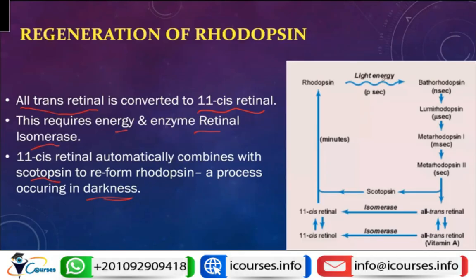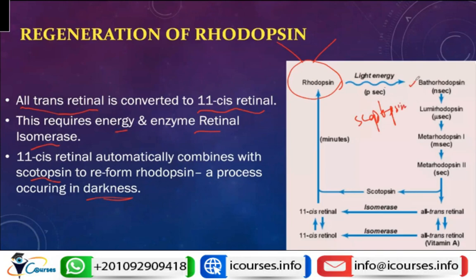So here you can see that the rhodopsin molecule, which consists of 11-cis-retinal and scotopsin, under the effect of light, will lead to its decomposition. Its decomposition will lead to scotopsin, or the opsin, being free, and the vitamin A will undergo a series of changes.